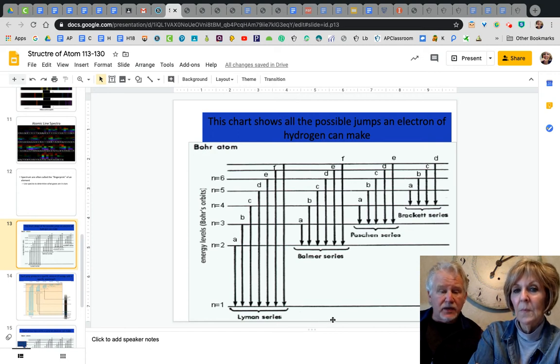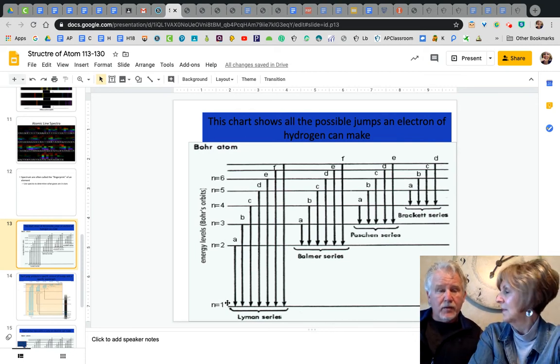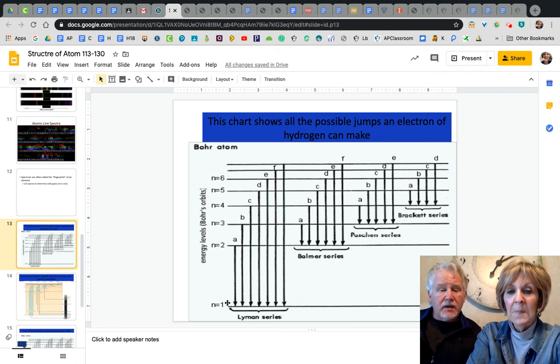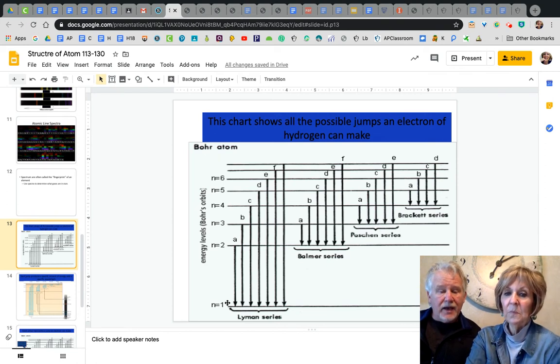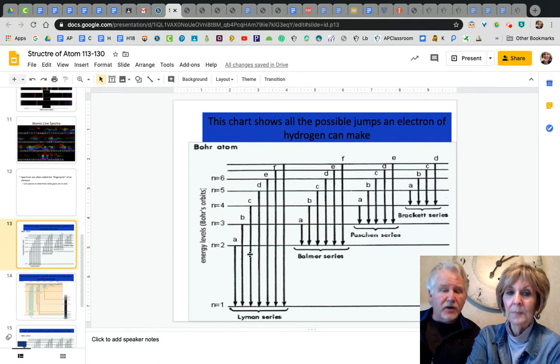And that's the one that we consider for these kinds of emissions. And the nucleus would be down here, right? Because n equals 1 is the closest energy level to the nucleus. And so what you're looking at in these different series is the relaxation from.